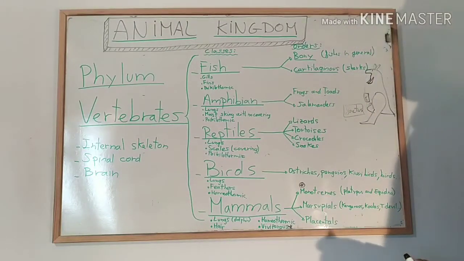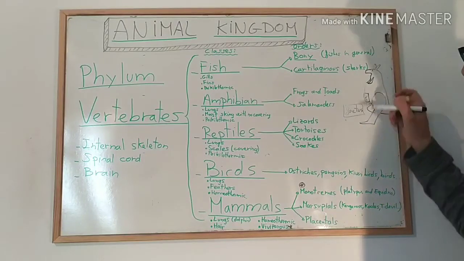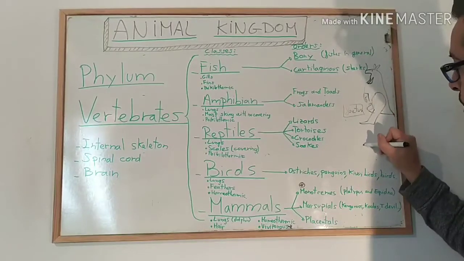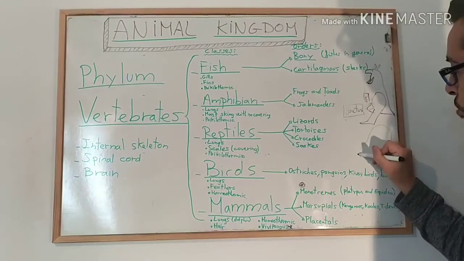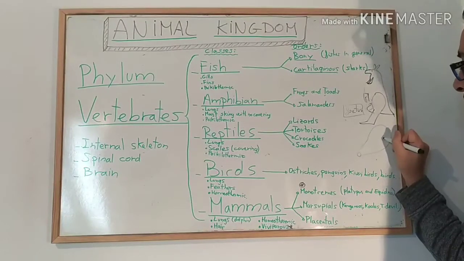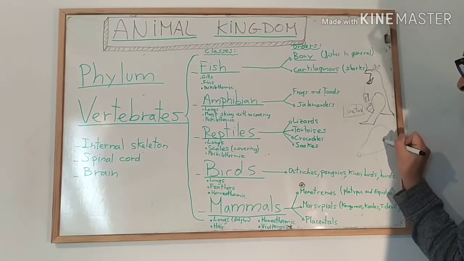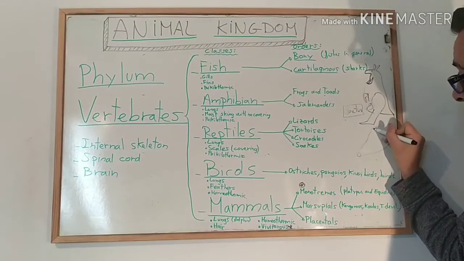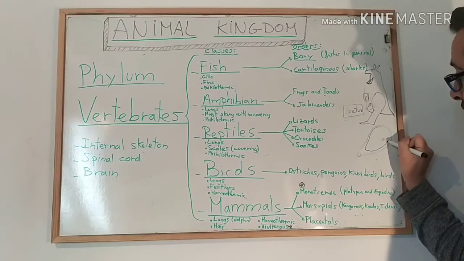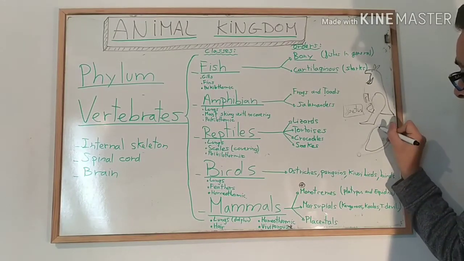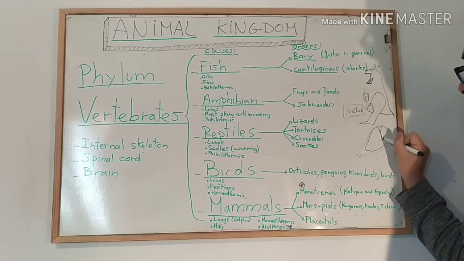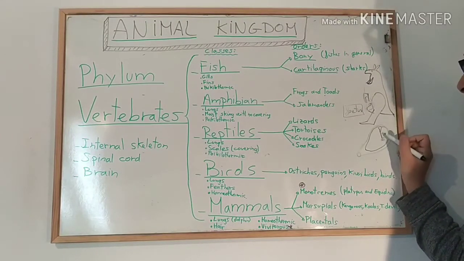In placentals, what happens is that when fertilization occurs in the uterus, this is the uterus, okay? When fertilization occurs in the uterus, okay, we have here an embryo, but there's an organ called the placenta, okay, that develops here, and it gives feeding, okay, it gives food for the embryo.